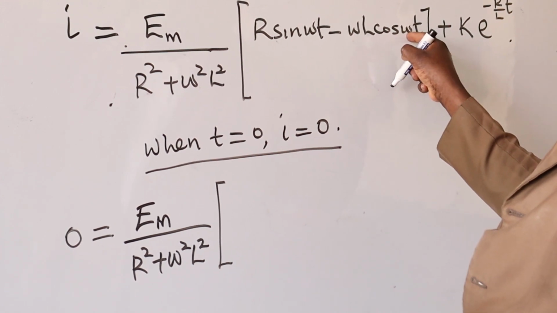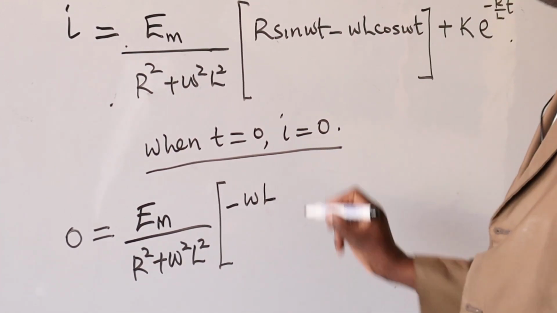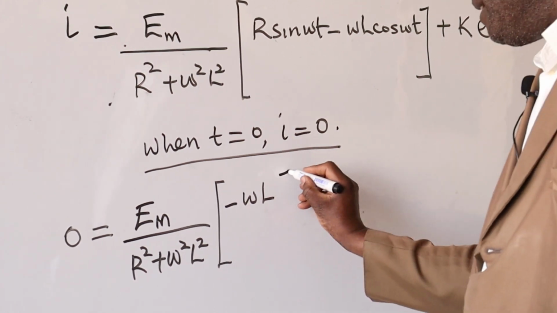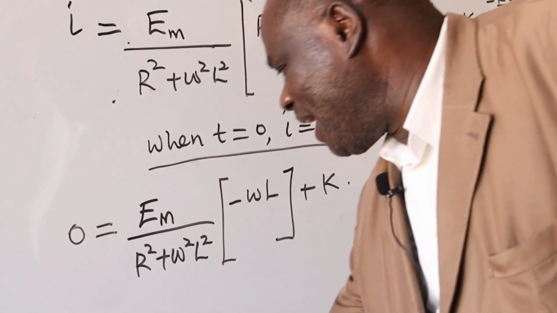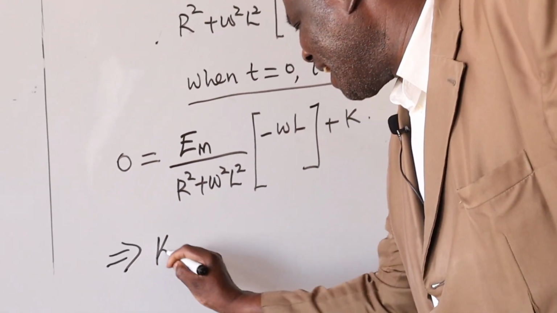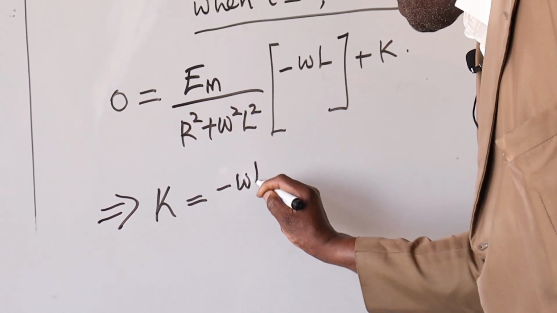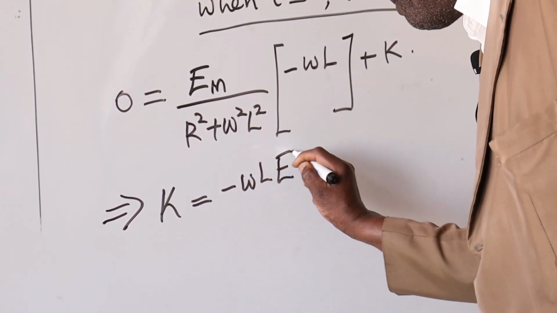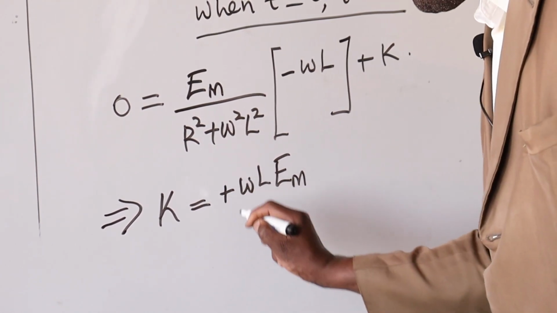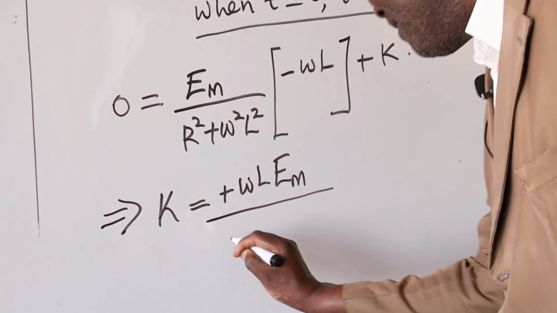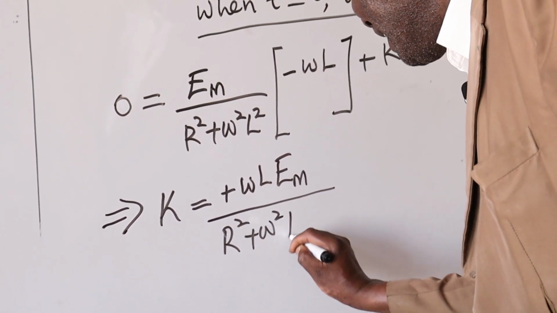When t is 0, cos 0 is 1. So this is minus omega L. Now plus K. So this implies our K is equal to minus, minus omega L Em, which is positive, all over R squared plus omega squared L squared.